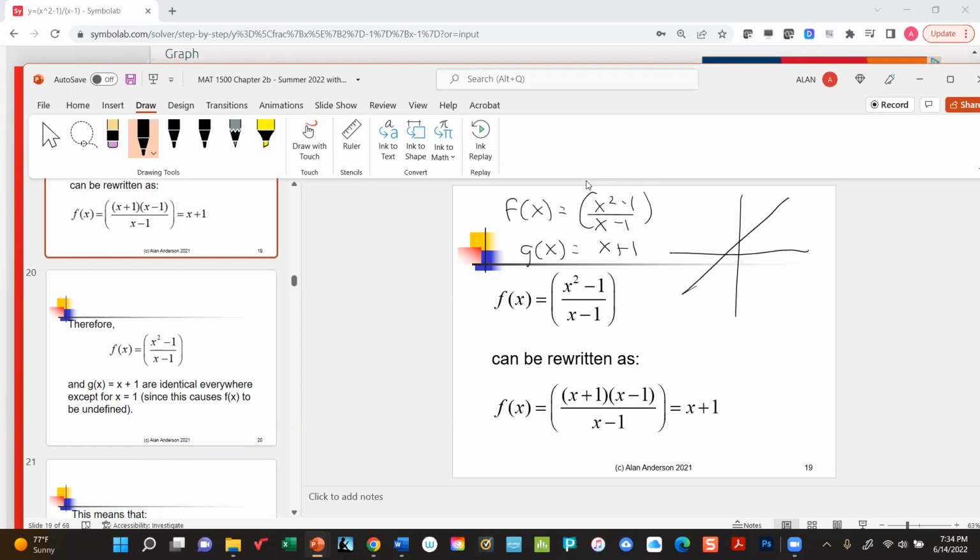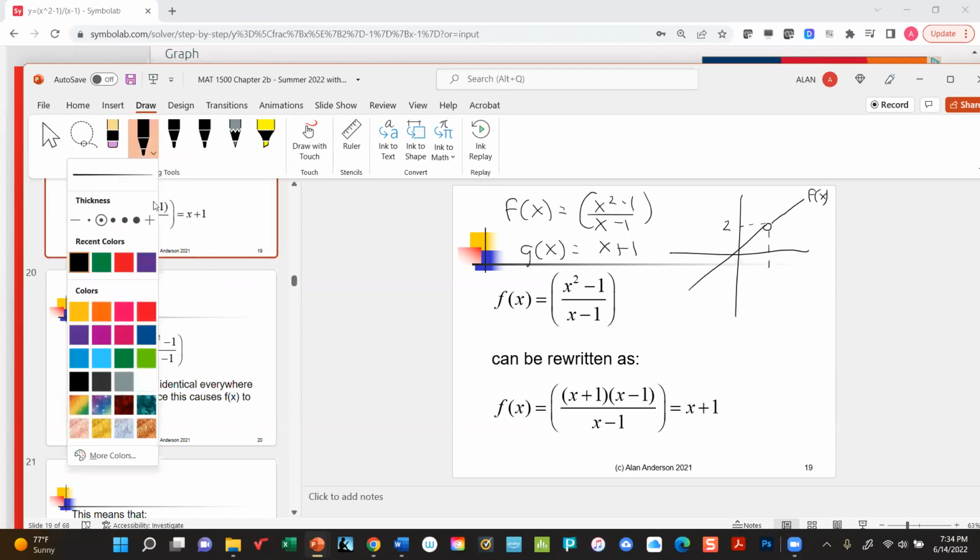There's a hole in it. Actually, let me fix this. g of x is x plus 1.